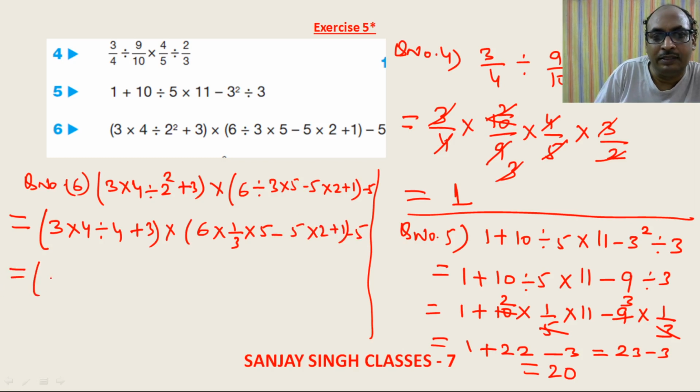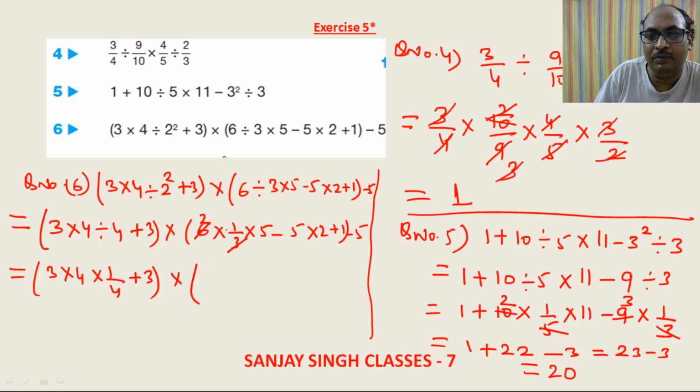right. Then here it will become 3 into 4 into 1 by 4 plus 3 into, so here we can cancel this one, 3 twos are 6, right, and here it will become 5 into 2, so it has become 10, minus 10 plus 1 minus 5, okay.